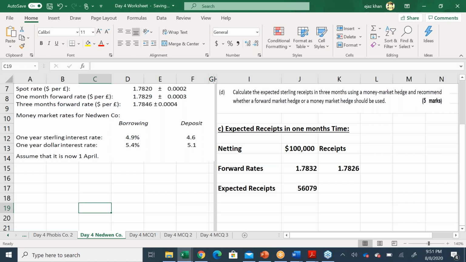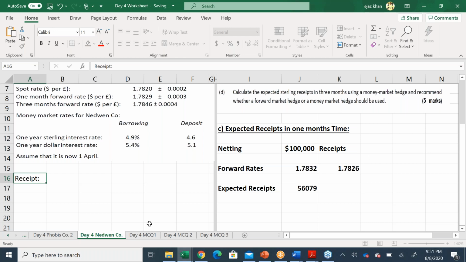Okay, for the shortcut method, what you need to keep in mind is first you have to identify whether it's a payment case or receipt case, right? So receipt case, and we have to do it for the 3 months receipt, right?